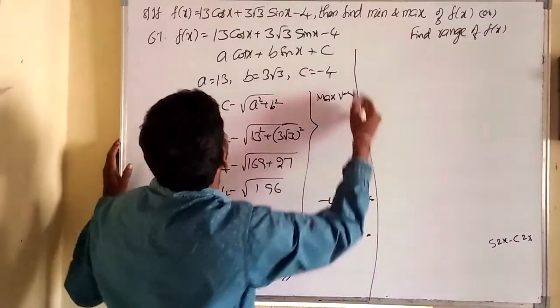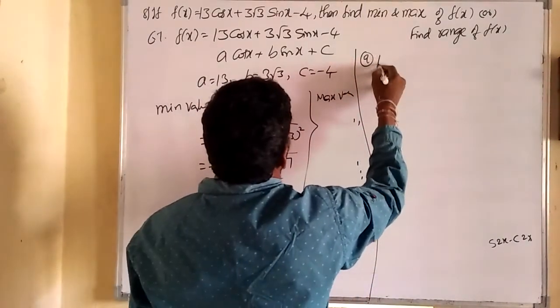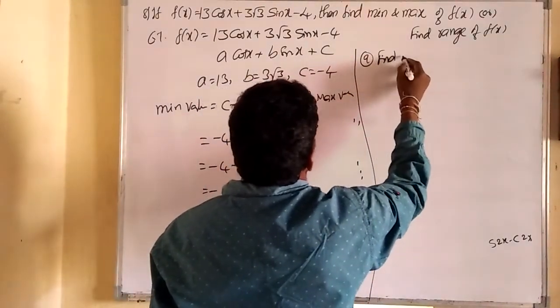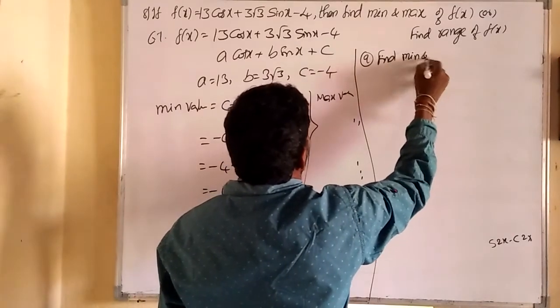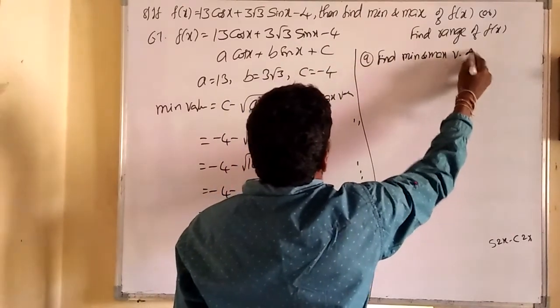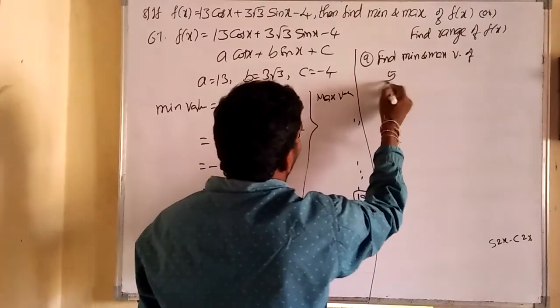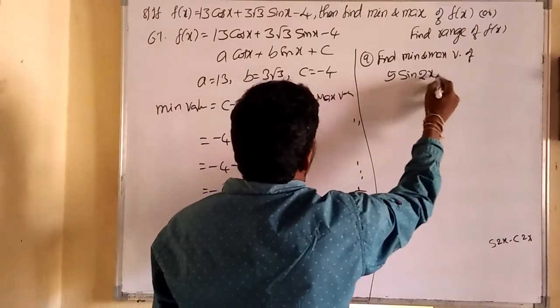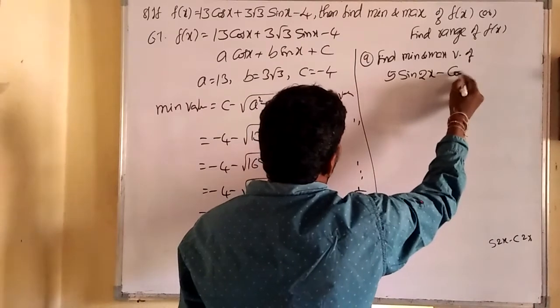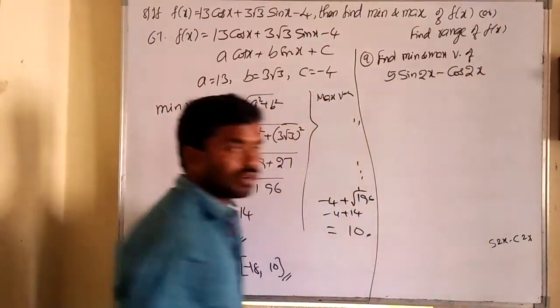Let us see one more question. 9th question. Same. Find minimum and maximum value of 5 sin 2x minus cos 2x. That's it. Okay na?